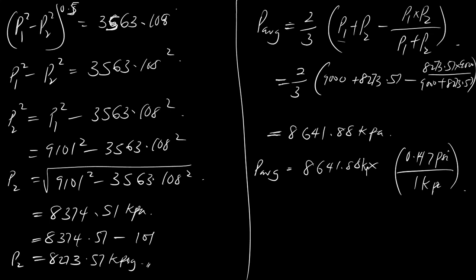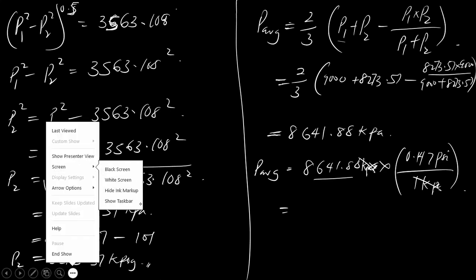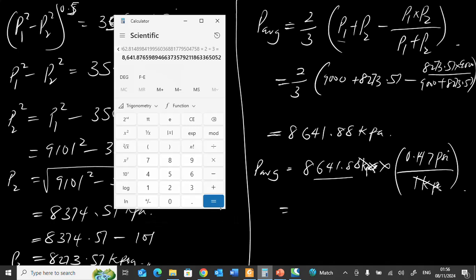So this is kilopascal, so this will cancel out this. We're just using this to multiply the conversion factor, 0.147.